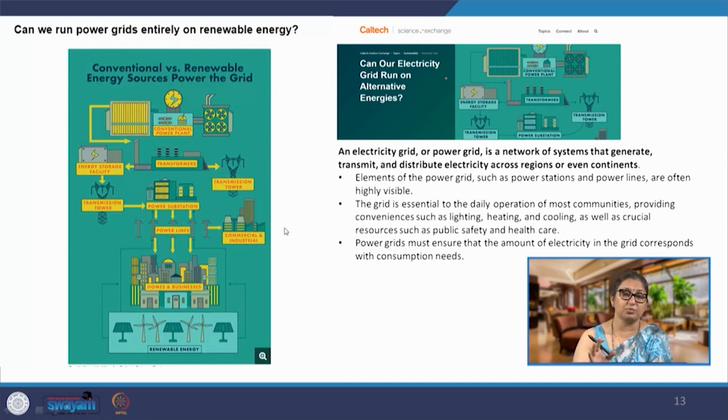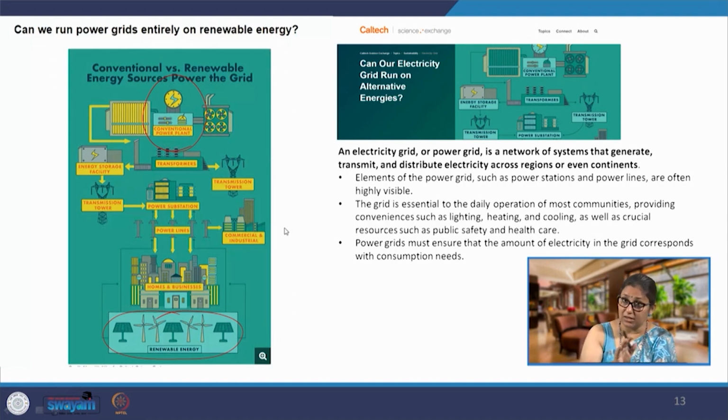So, the best option in such a scenario is to have a mixed portfolio of renewable energy backed up with conventional energy for sustaining the growth. So, we are not just looking at reducing the greenhouse emissions, we are also looking at sustaining the economy, sustaining the growth simultaneously.